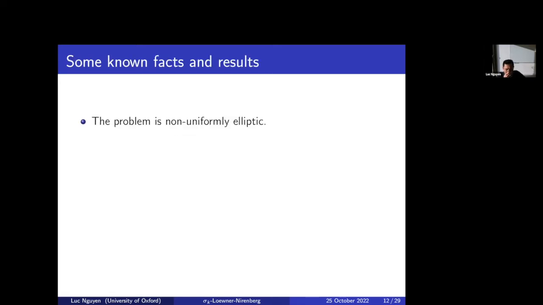Okay, so let me go a little bit more into the background, but more on the mathematical side rather than the literature. The nature of the problem is a non-uniformly elliptic problem.